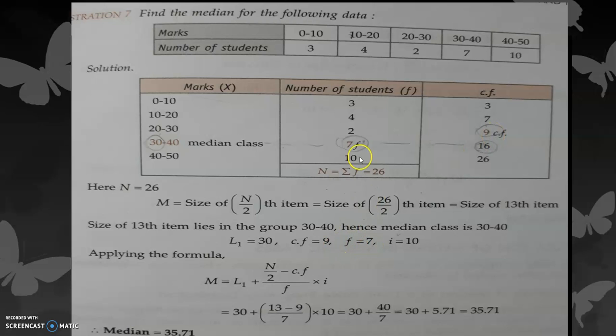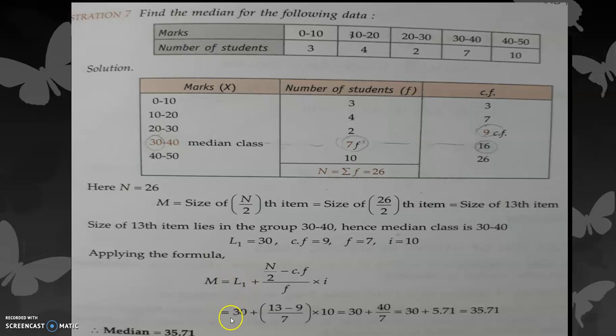Then F is the median class frequency, that is 7. Then I is the class interval, so 10. Then we have to apply the formula. Median is equal to L1 plus (n by 2 minus cumulative frequency) divided by frequency, into I.